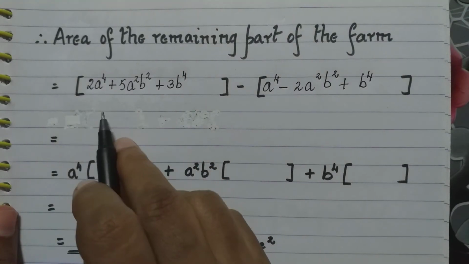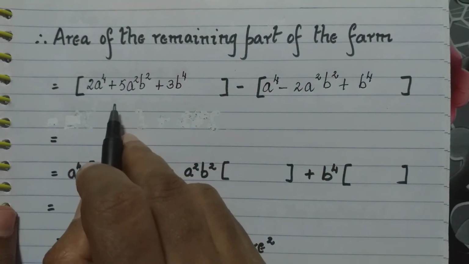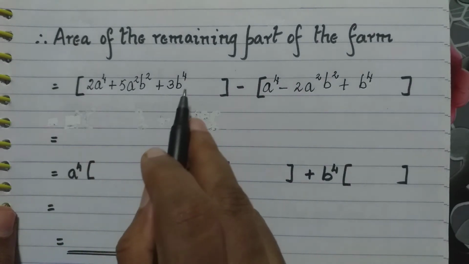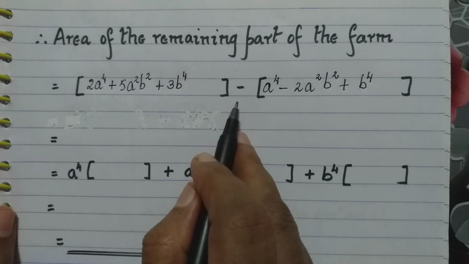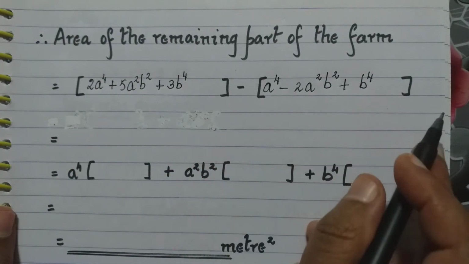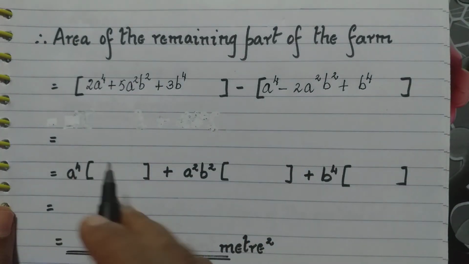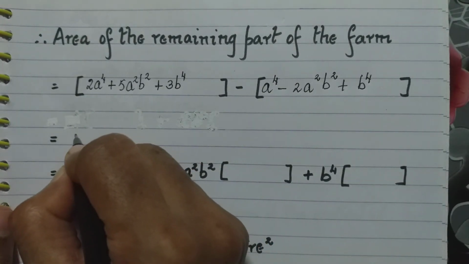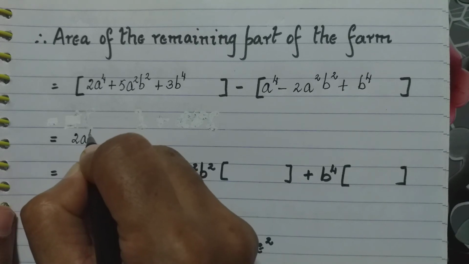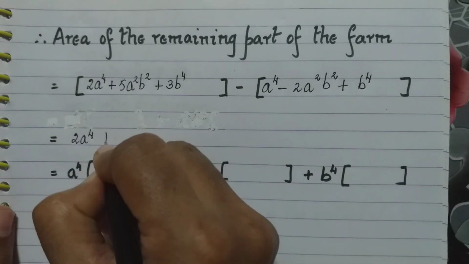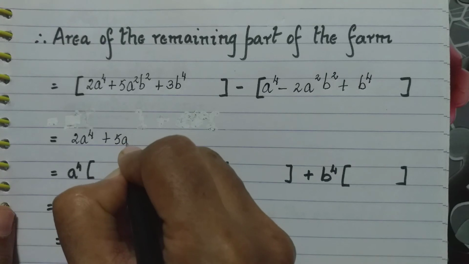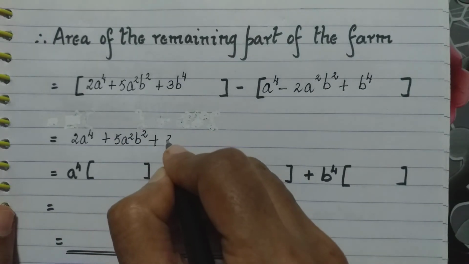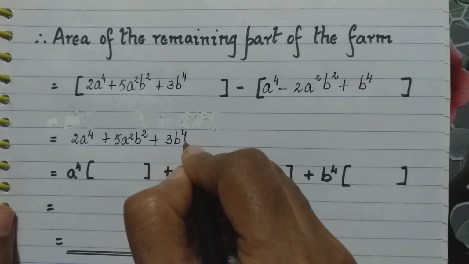Next step is to remove the brackets. This one we can write as it is. Therefore I have here 2a raised to 4 plus 5a square b square plus 3b raised to 4.